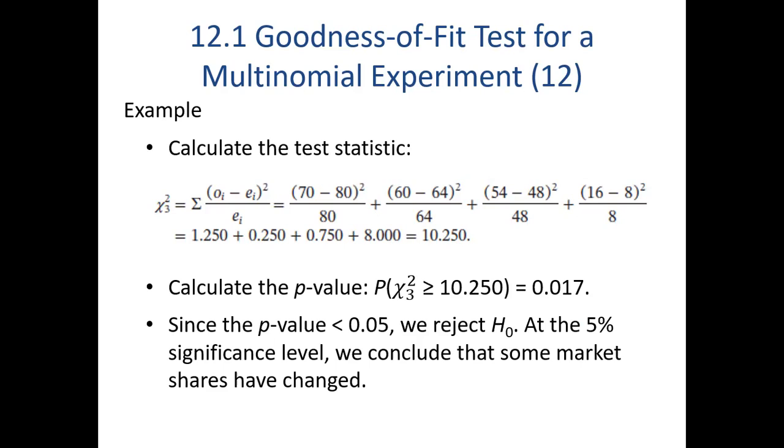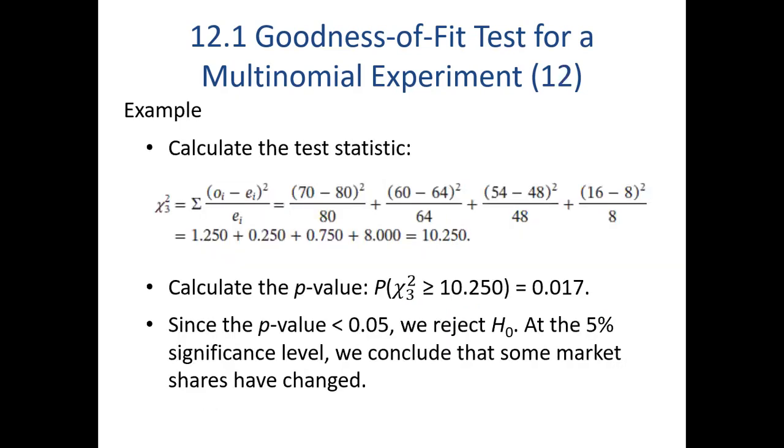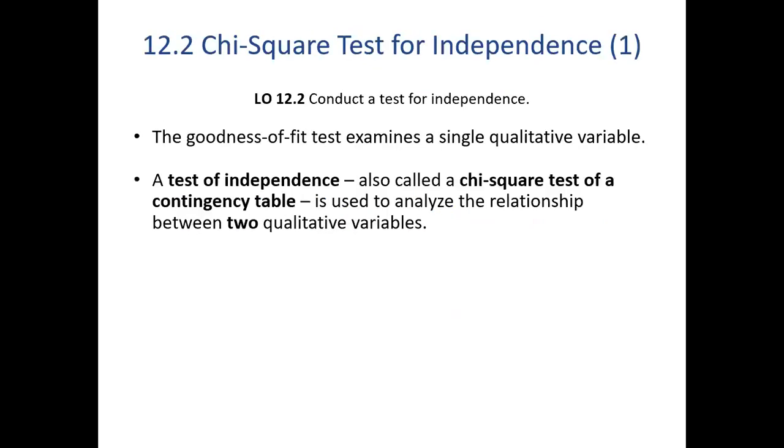If we reject the null hypothesis, we are rejecting the hypothesized proportions we thought would be in that order. So at the 5% significance level, we conclude that some market shares have changed.